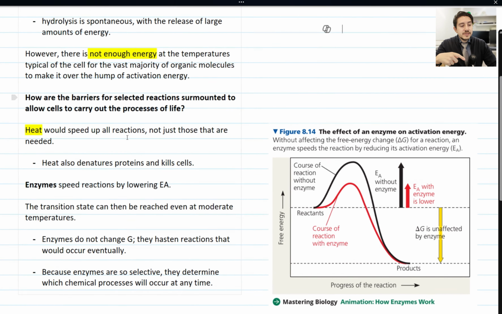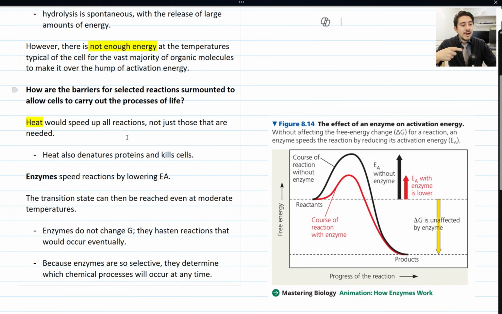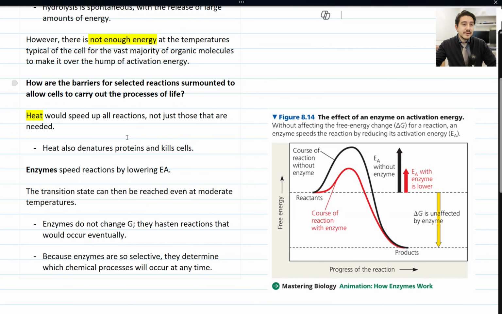The book kind of mentions how the barriers for these selected reactions are surmounted to allow cells to carry out these processes of life. If we use heat, let's say we just increase our body temperature, it's going to speed up all of the chemical reactions.